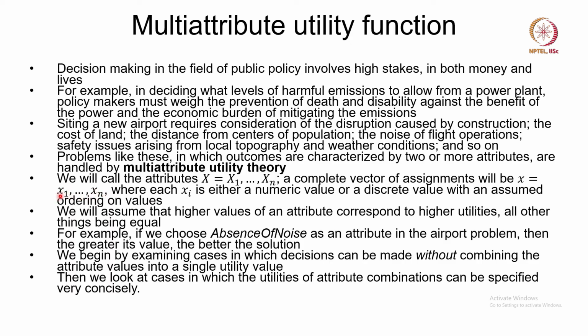So we say x1 is one variable, x2 is the next variable, etc. Higher values of the attribute correspond to higher utilities basically. So if we say absence of noise, the higher it is, the better the solution. Okay, so let us see how we can keep all these attributes and then decide what is to be done.